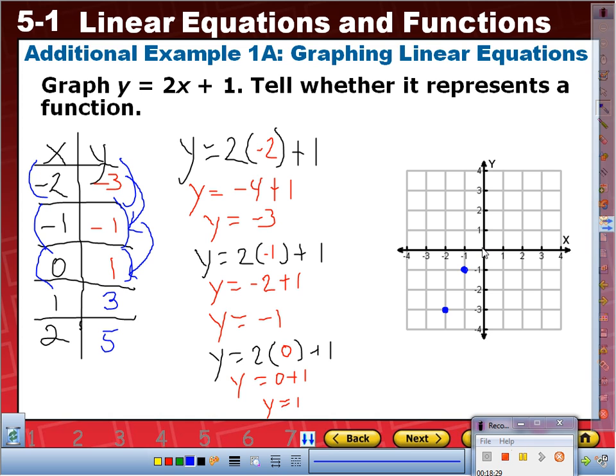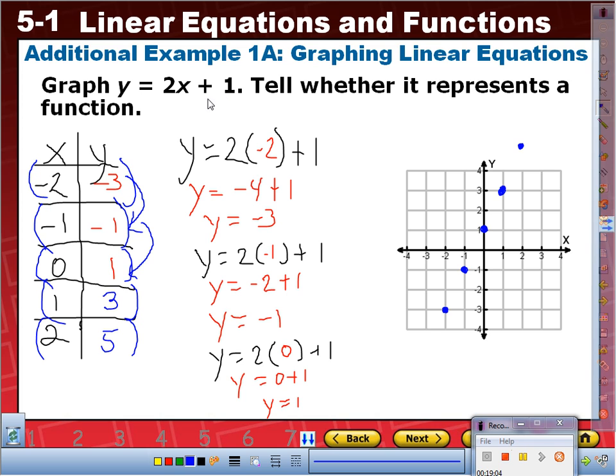Right there at the center. 1 of y is up here, and I plot my points. Next one. 1, 3. 1 of x, I start from the center. 1 of x is to the right. 3 of y is up 3 steps. 1, 2, 3. And I plot my points. And the last one, 2 of x, 5 of y. I start from the center. That's 2 of x, 5 of y. 1, 2, 3, 4, 5.